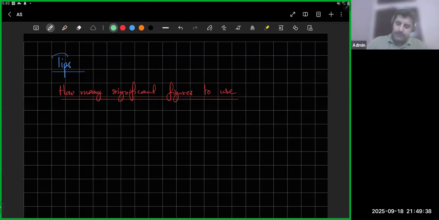So now the first thing is, what is the difference between 2.1 and 2.10 and 2.1000? Achha, quickly tell me, what's the difference between these three values? Any idea? Jannat, Ghazia, any idea?